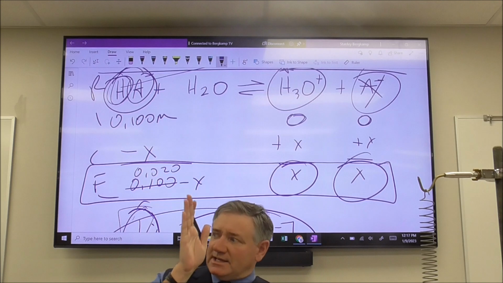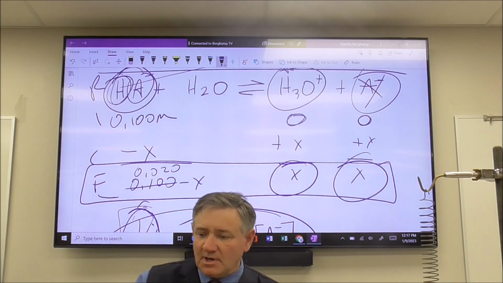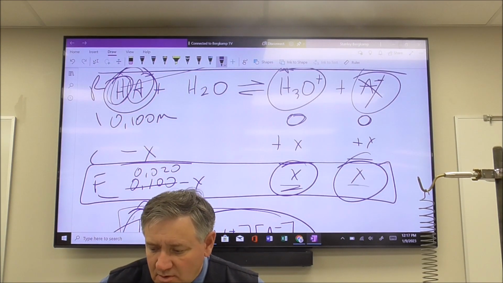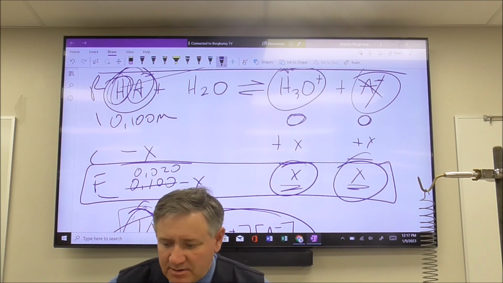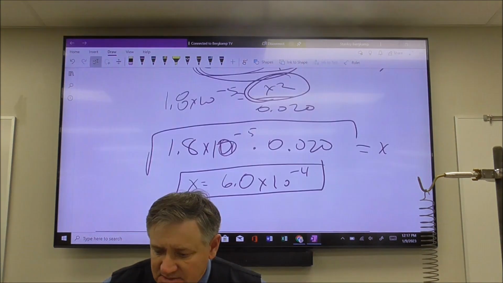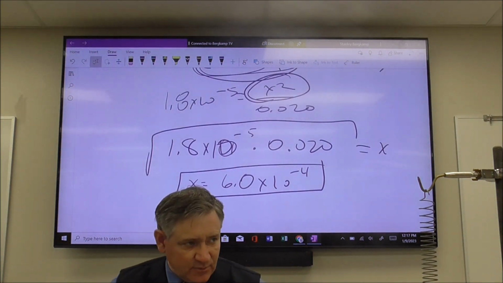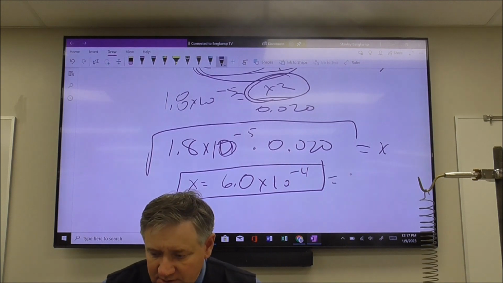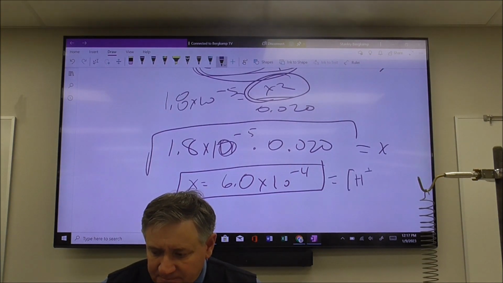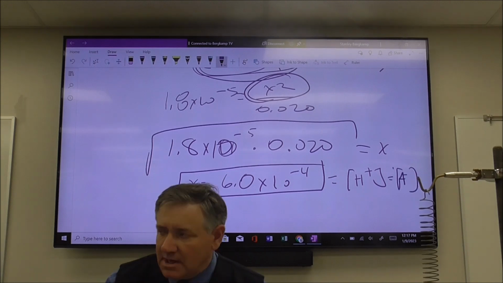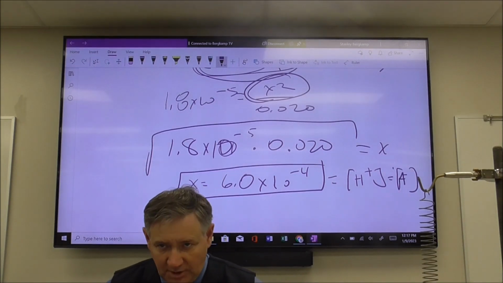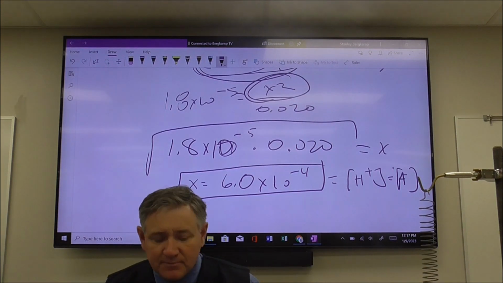So at equilibrium, Mother Nature wants both of those X values to be 6.0 times 10 to the negative fourth. That equals your hydronium ion concentration, and it also equals your anion concentration. That's it. There you go.